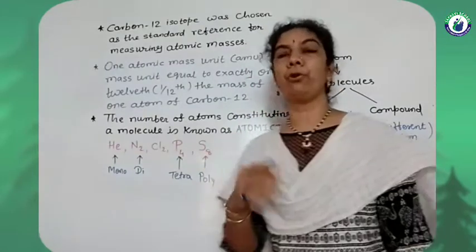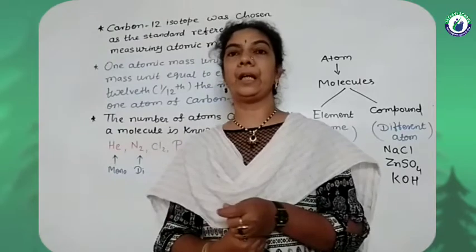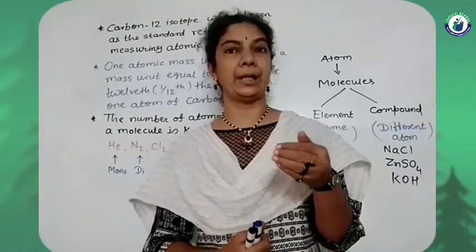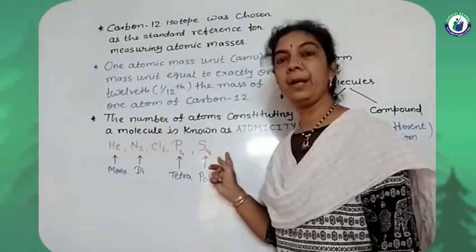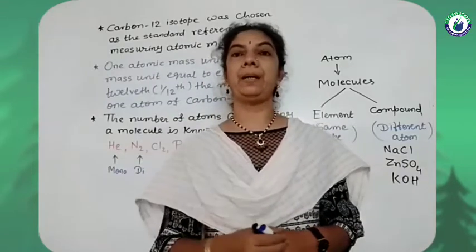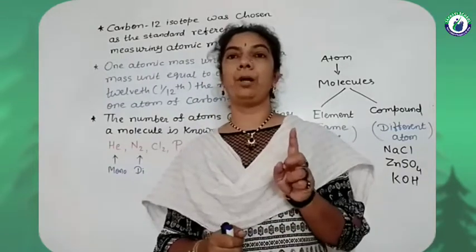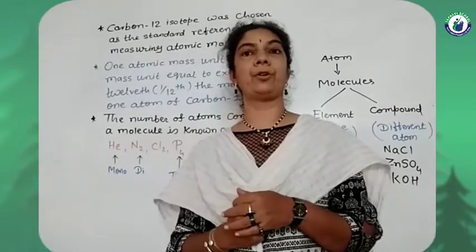Beyond 4, if more atoms are combining, we say polyatomic. For example, in sulfur, 8 atoms combine to form one molecule of sulfur, and that is polyatomic.